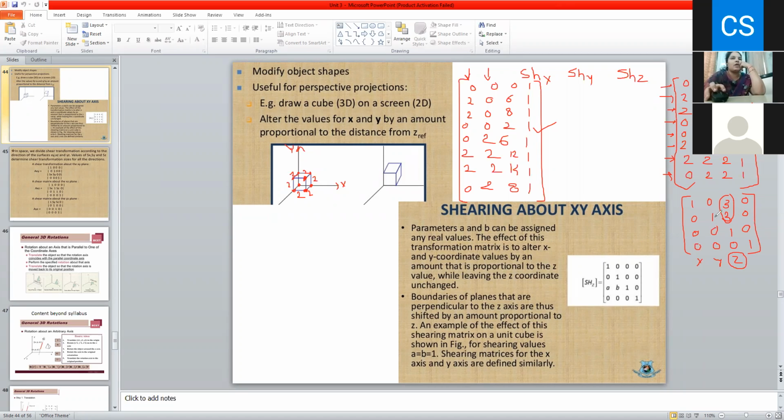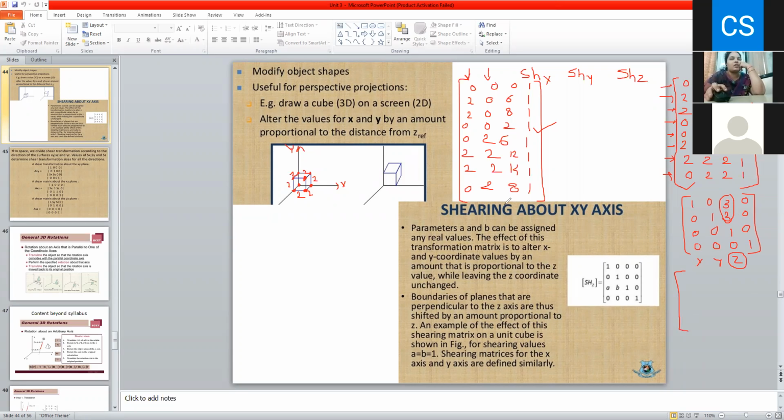Now if I want to have shear along y, then what will be the T matrix in that case? I want shearing along y axis. This is shearing along Z axis.